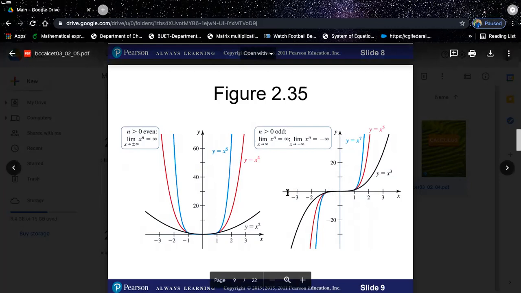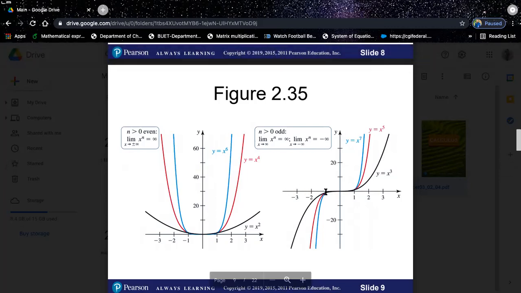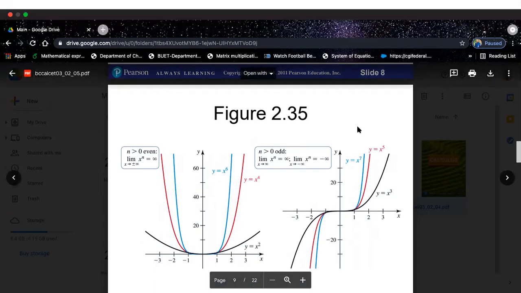If we go towards negative infinity, the function will go towards negative infinity. Does it make sense? Any question from this?